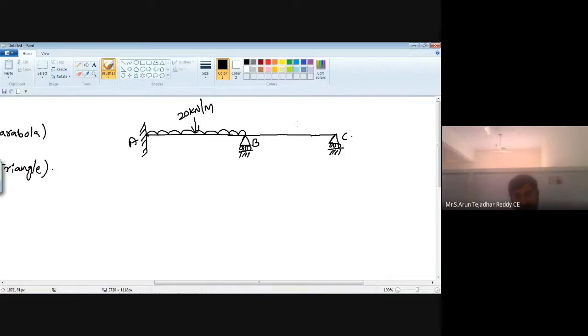It is central point load 80 kilonewton. Eight meter, 4 meter, 2 meters, 2 meter.